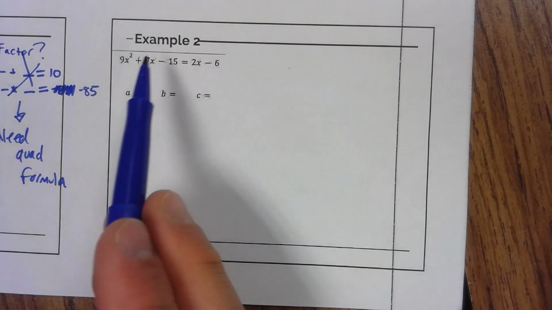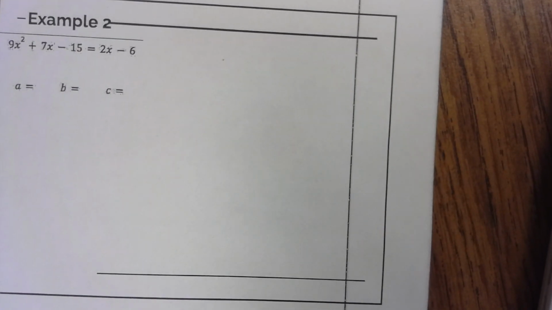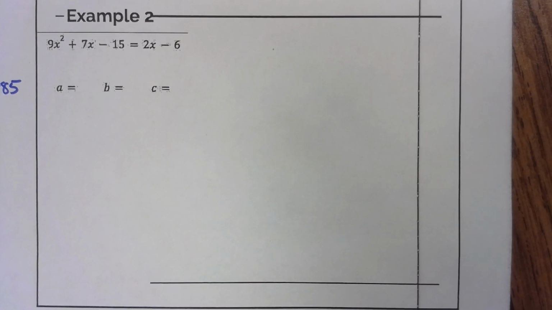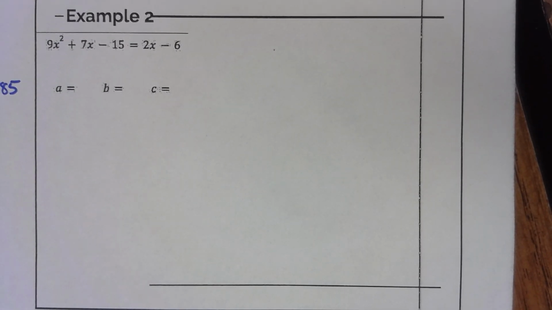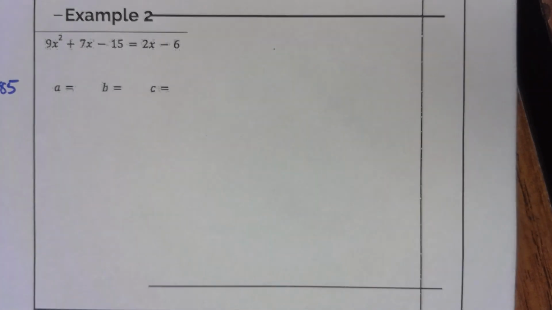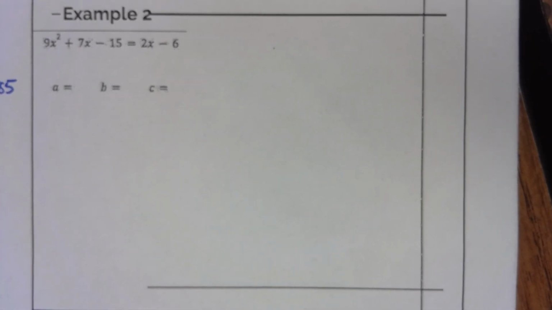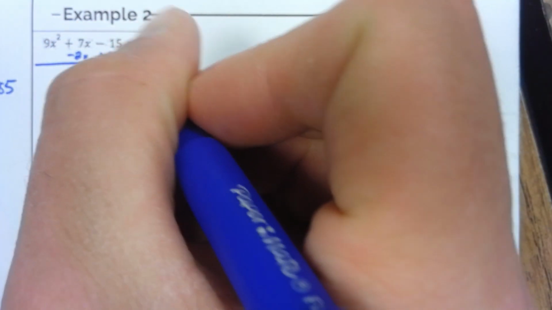All right. So right now, again, we're going to pretend that this just showed up on like an assessment, let's say, and it says, solve the equation. It doesn't say which way to solve it. Well, the fact that we have an x squared means that we need to get one side equal to 0. So I'm going to subtract 2x and I'm going to add 6. That makes the right side 0.